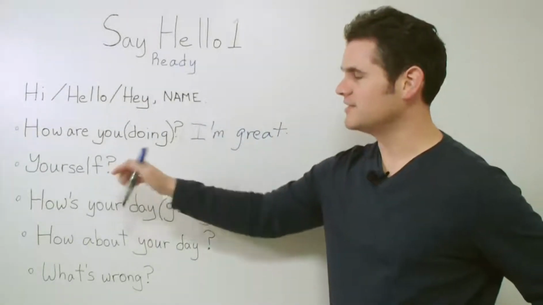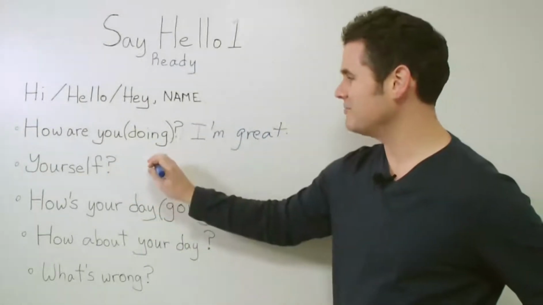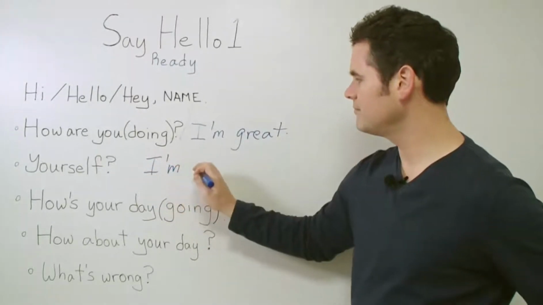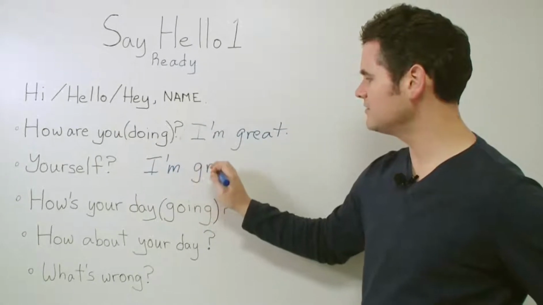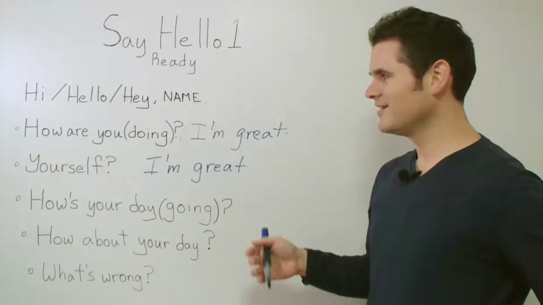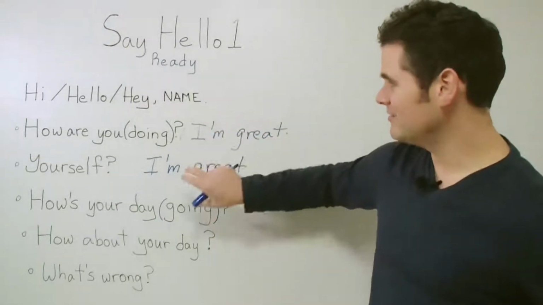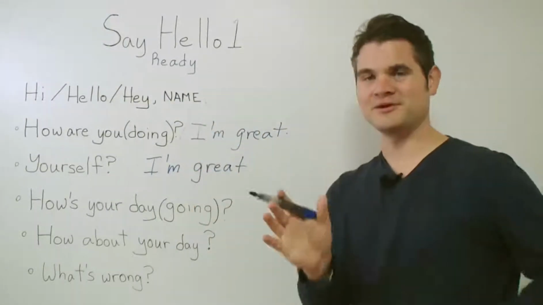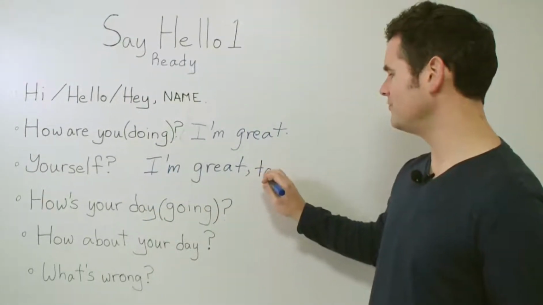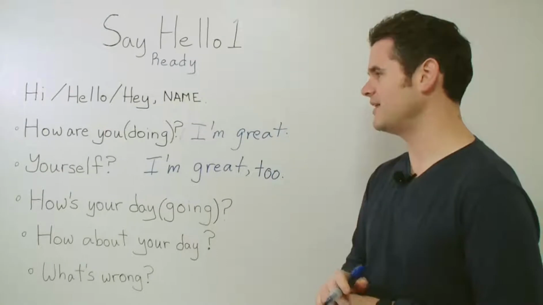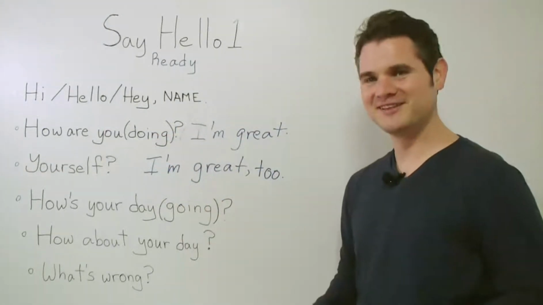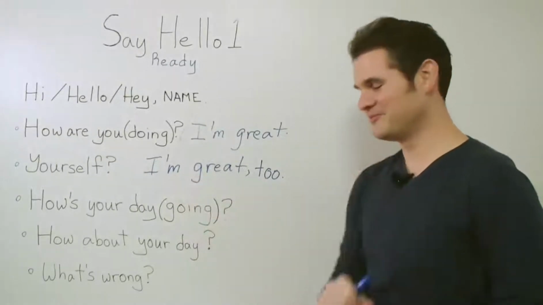So, when this person answers you back, they can say, I'm great. So you are great, this person is great. This person, though, will want to add the adverb too at the end of their statement. So, how are you doing? I'm great. Yourself? I'm great too.